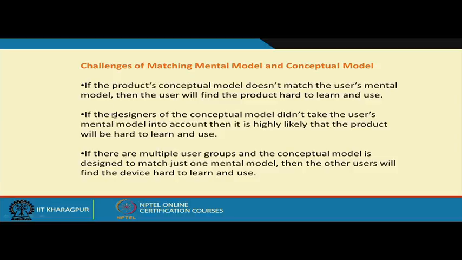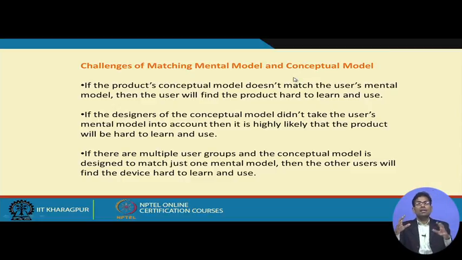So, from that perspective, it is very, very important to understand how the mental model and the conceptual model work, and it is very important when it comes to making meaning out of the visuals that we are encountering. Now we will go further into what the challenges are of matching the mental model and the conceptual model. We talked about how there could be some kind of discrepancy if the mental model and the conceptual model are not matching.